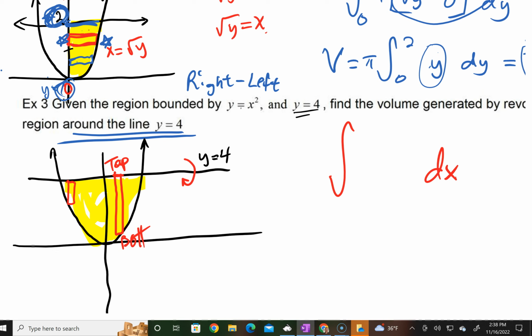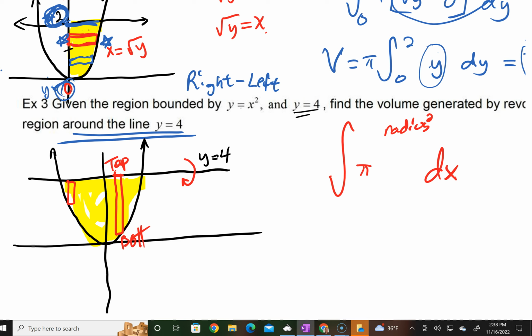It's not looking like what we did at the top of the screen, where we're not used to stacking them upwards like that. That's where we've got to change everything with respect to y. You've got to solve your equations for x equals to get something with y in it. But right now you'd say, wow, I'm going to have a pi. I need a radius squared. Let's think about this.